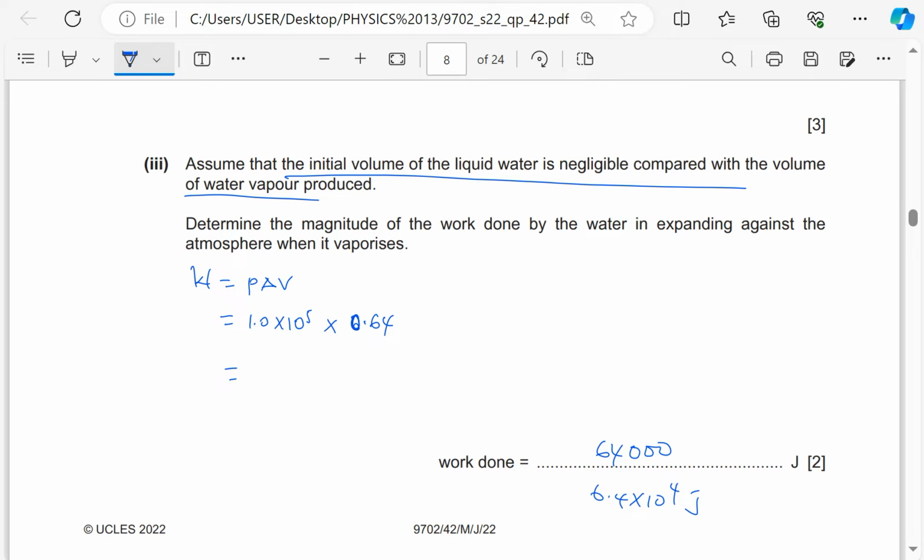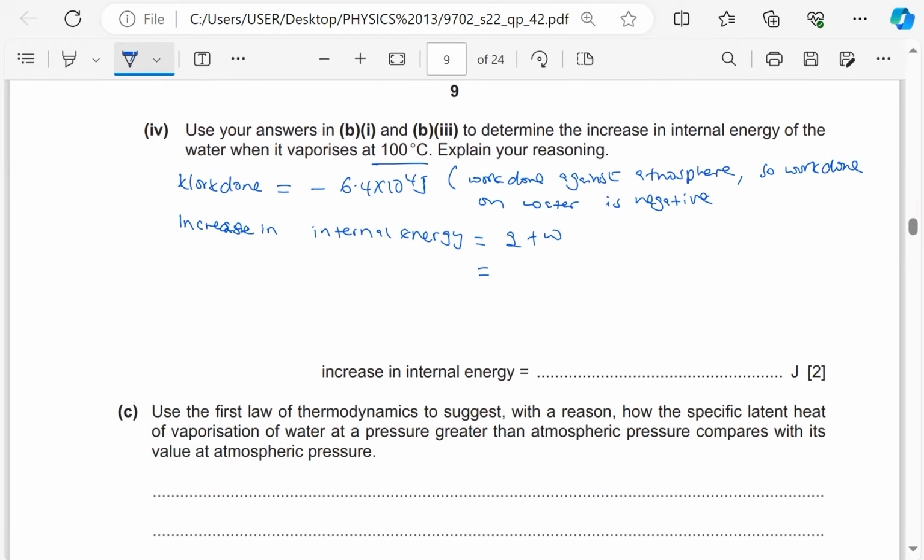So this is 8.51 times 10 to the power 5 plus negative 6.4 times 10 to the power of 4.